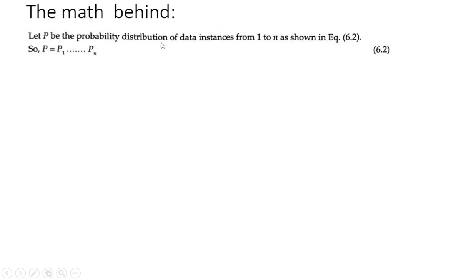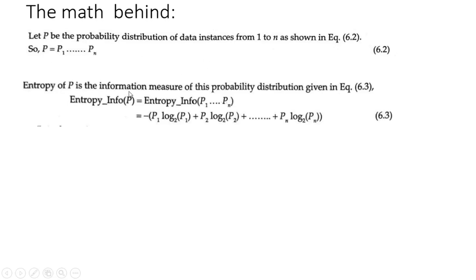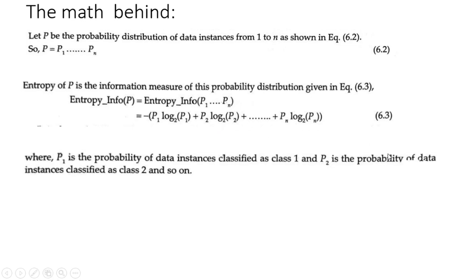Suppose P is the probability distribution of data instances from 1 to n, that is P is equal to P1, P2 up to Pn. Then the entropy of P, that is the information measurement for this probability distribution, for all the probabilities P1, P2, Pn is minus of P1 log P1 plus P2 log P2 up to Pn log Pn.